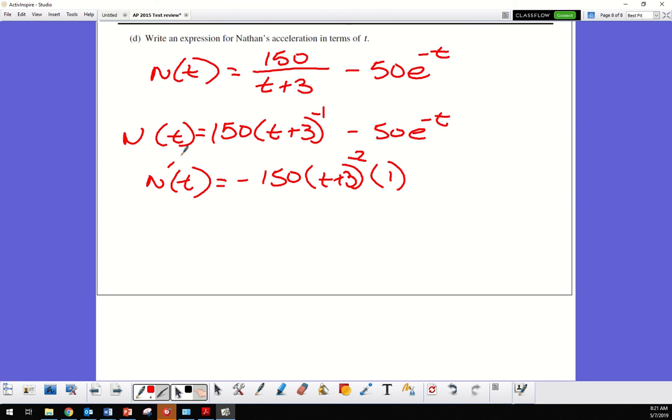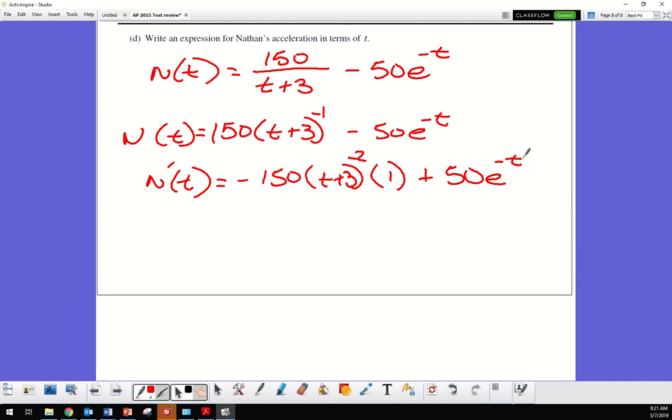Then the derivative of e to the negative t is e to the negative t, but there's a negative out there, so that negative comes up front. So it's going to be plus 50 e to the negative t. Then I'm going to rewrite it with the negative exponent. This is absolutely correct, and you don't have to do anything else from here.